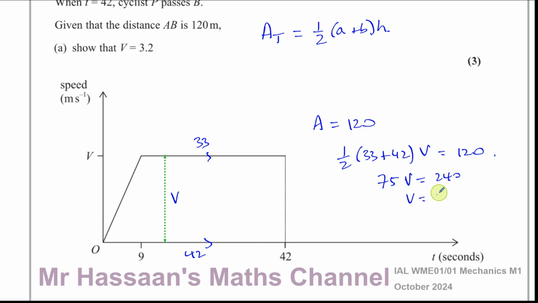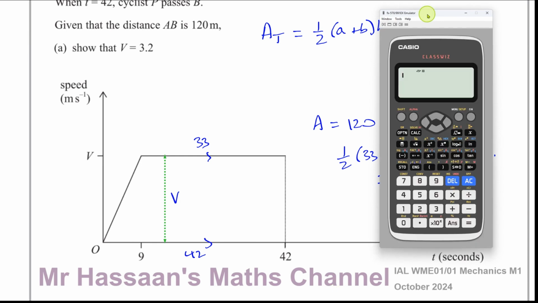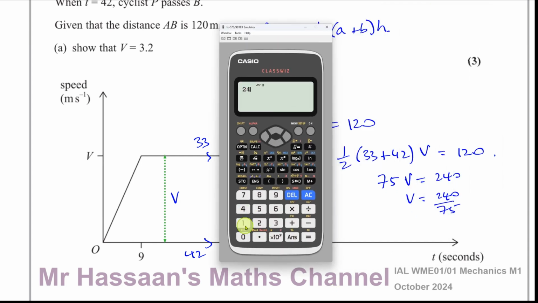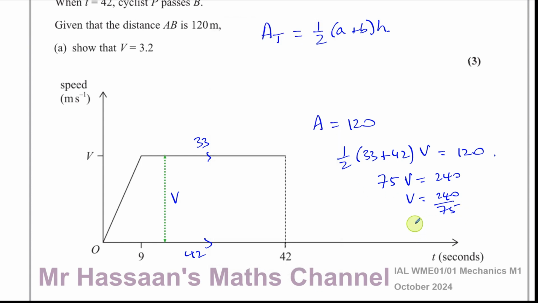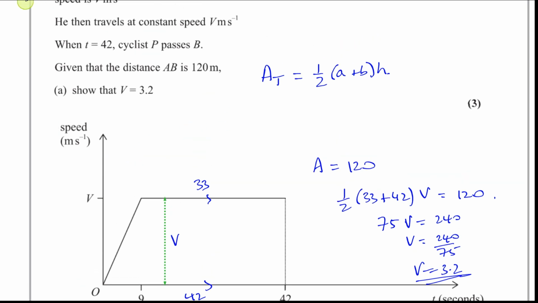So V is equal to 240 over 75, and we have to just do that in a calculator, and hopefully it comes out as 3.2. 240 divided by 75 gives us 3.2. So V equals 3.2, and that's the answer to part A. So that was 3.2 meters per second.